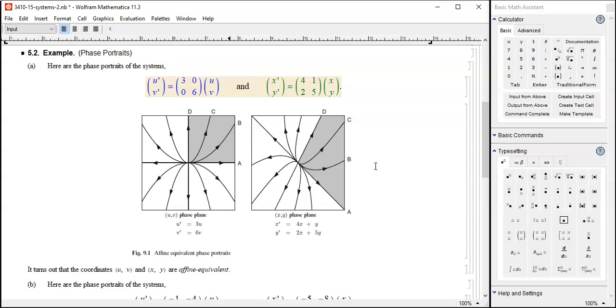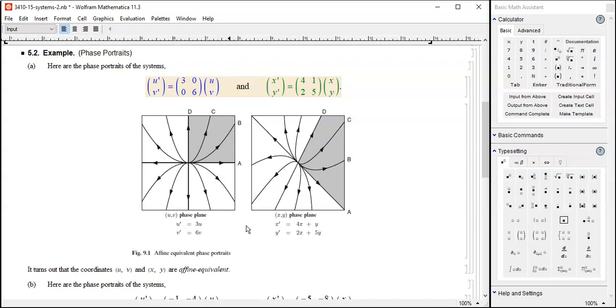The purpose of the face portrait is to convey the qualitative behavior of the systems, especially the homogeneous systems of first-order linear ODEs, in brief and concise form, but still accurate. So this is a tall order, brief and concise yet accurate.